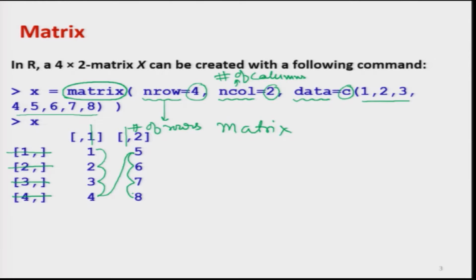Yes, there can be a question of why this data is arranged column-wise, and why it cannot be row-wise. I will address that, but at this moment I request you to please observe how the matrix has been created. I have simply given the number of rows, the number of columns and the data, and based on that a matrix of order 4 by 2 has been created.